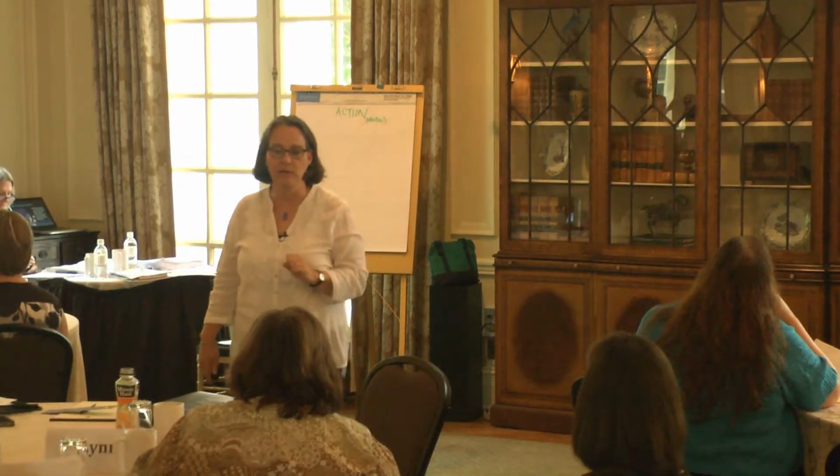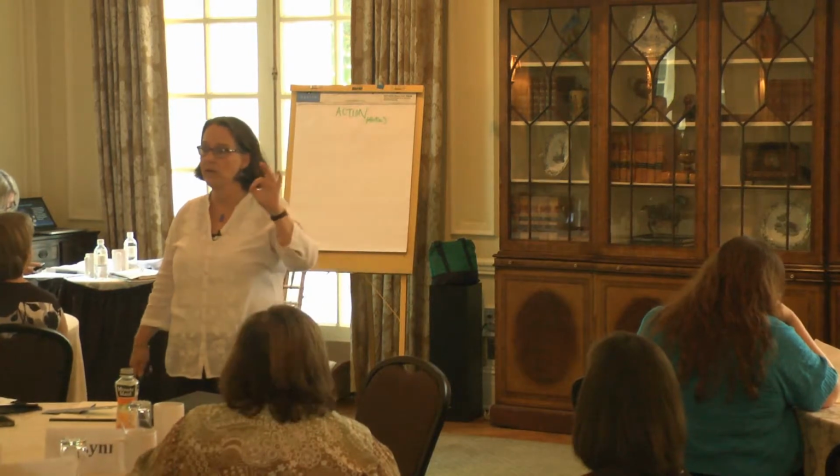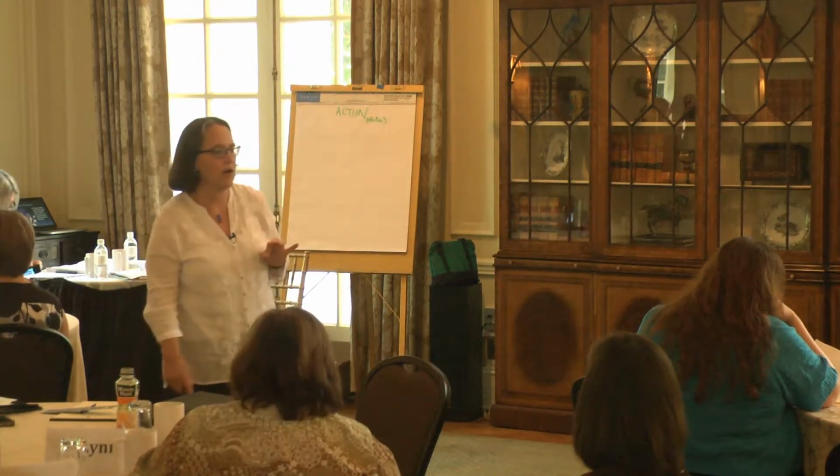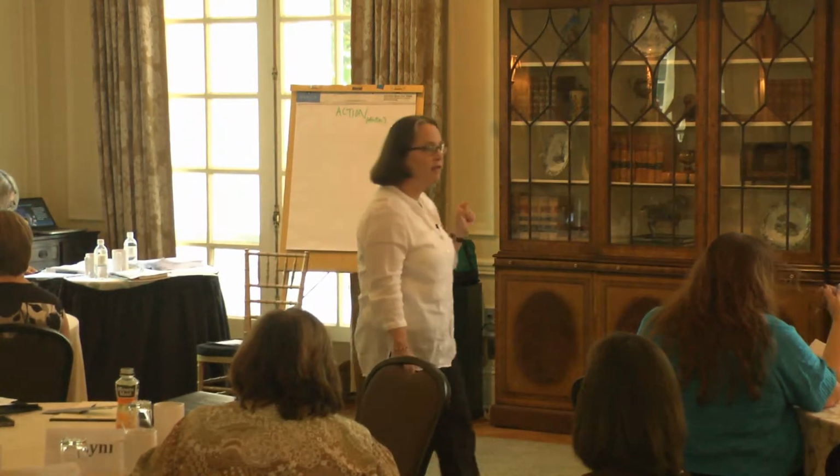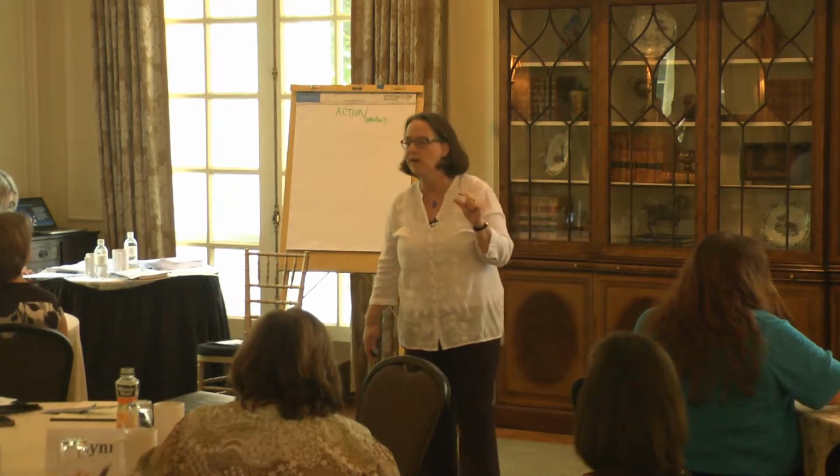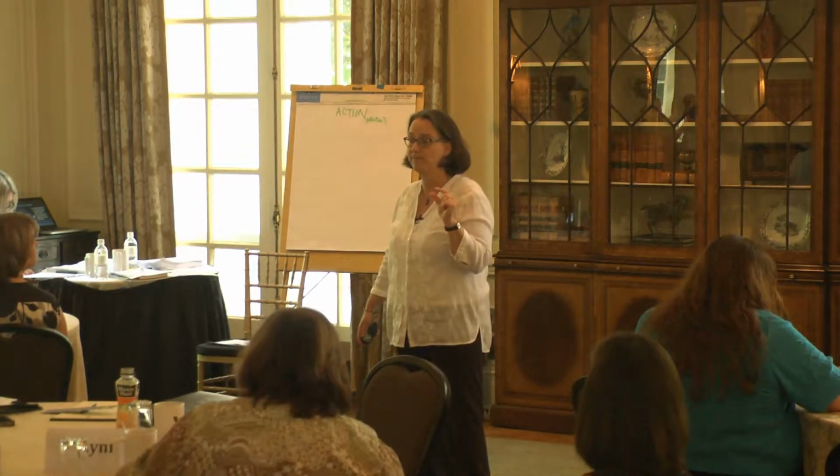Whew, it's a mouthful, but there's your definition with a lot of key words in there that we're going to talk about. The really short definition is executive function is what allows us to pursue goals.